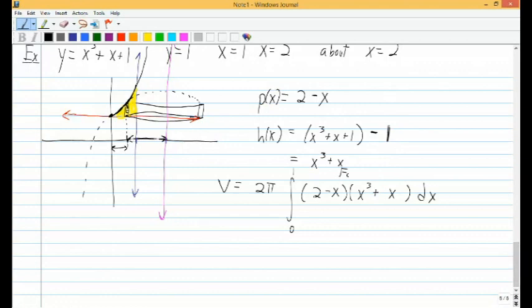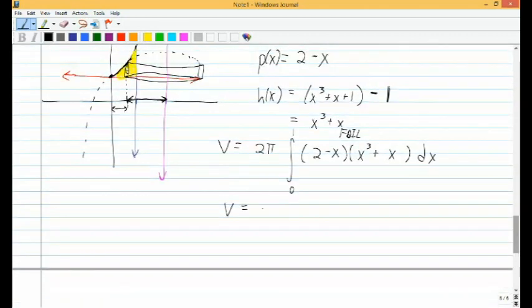So we need to FOIL this out. So that's 2 pi times the integral from 0 to 1 of, FOIL this out, 2x cubed plus 2x minus x to the 4th minus x squared dx.